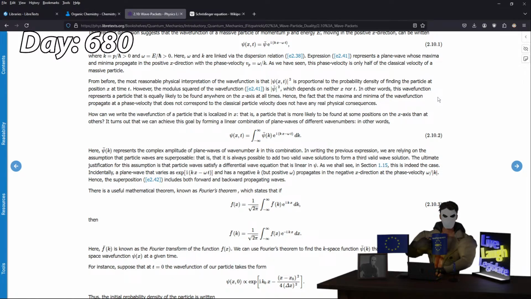Hence, the fact that the maxima and minima of the wave function propagate at a phase velocity that does not correspond to the classical particle velocity does not have any real physical consequences.